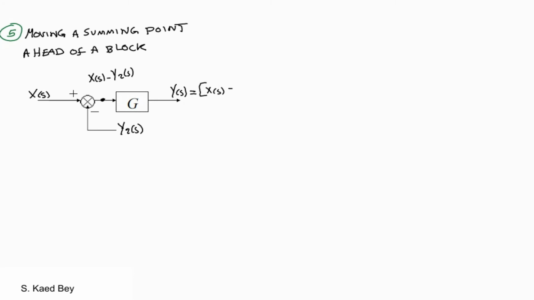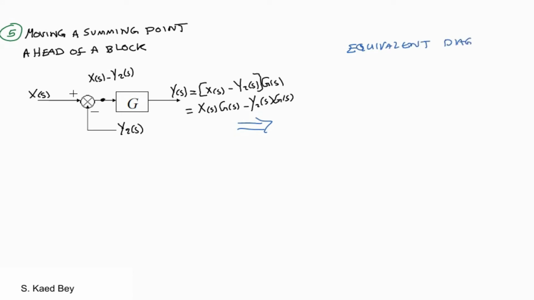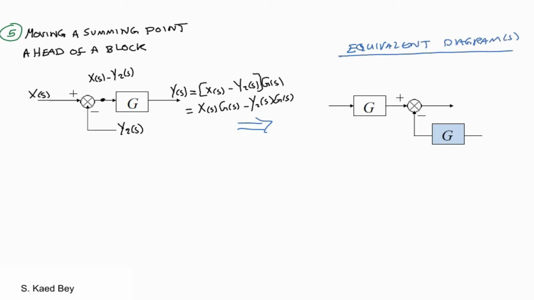Suppose we have the configuration shown here with a summing point and a block. If the summing point is to be moved from a backward position to a forward of the block, in order to keep the output unaltered, we need to add a block having the exact gain as the original one.